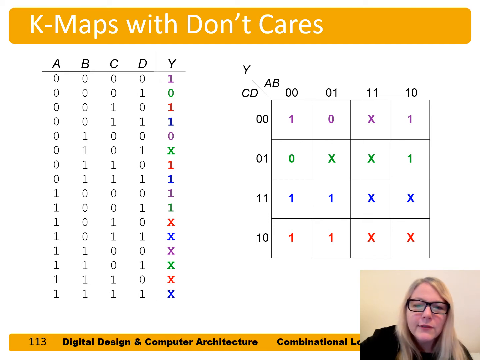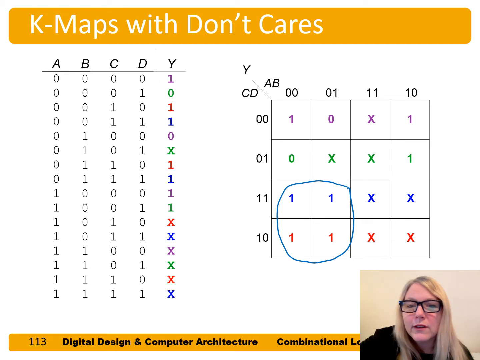Let's look at a few of these. Take, for example, this one here. It has a 0 in that direction, so definitely can't go in that direction. But we could go to the right, to the left, and down. So we can go 3 directions to circle this one. If we don't use the don't cares, we would circle just those 4.